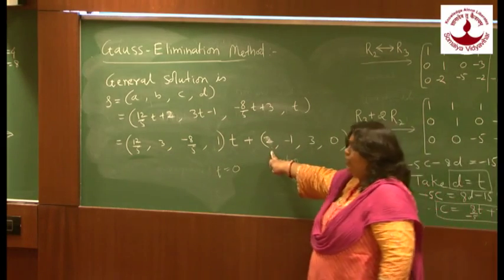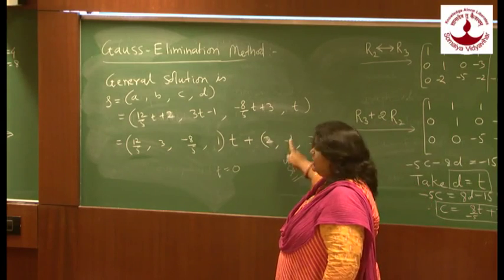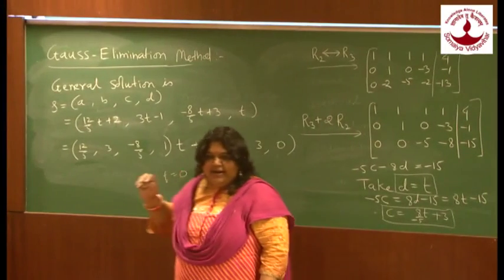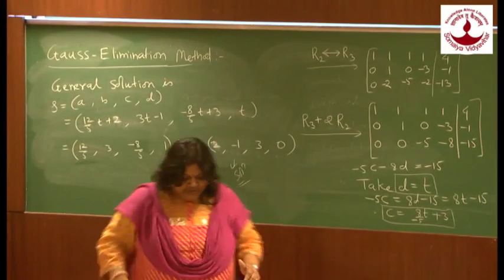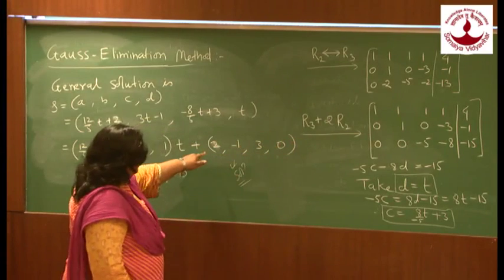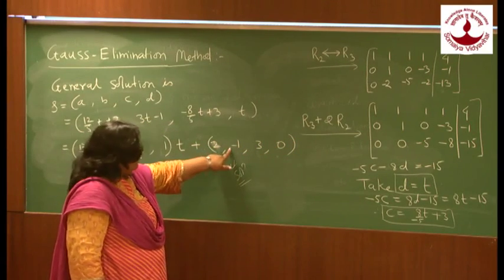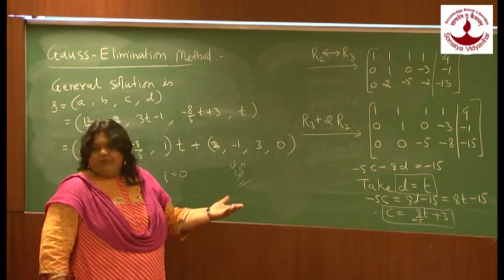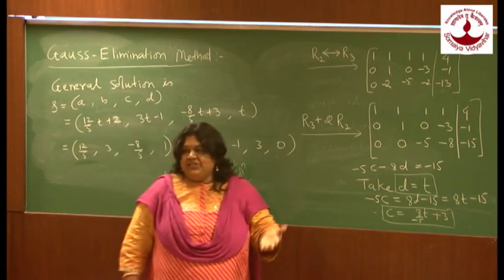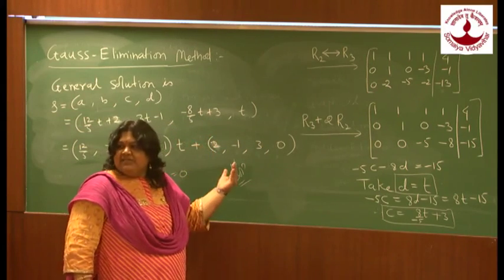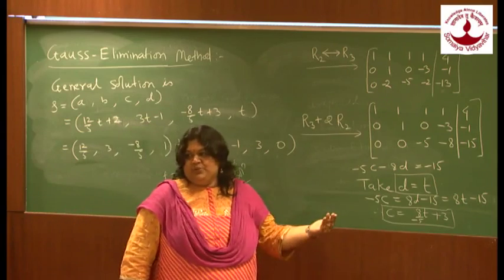So, A equal to 2, B equal to minus 1, C equal to 3, D equal to 0 is a solution. Verify each equation. A plus B plus C plus D equal to 4. Is that true? 2 plus minus 1 plus 3 equals 4. It satisfies the first equation. Similarly, if you substitute in the second equation, it will satisfy that also, and the third equation also.